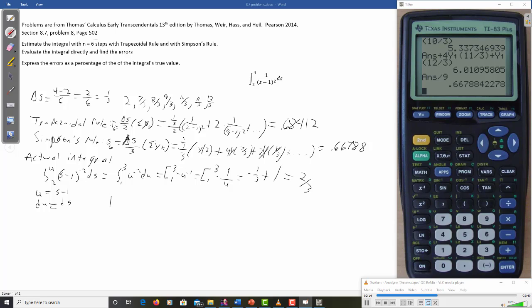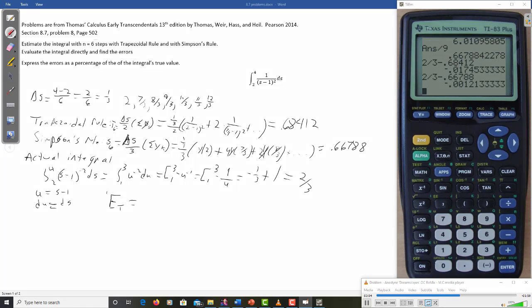Find the errors. So the error in the trapezoidal rule, 2/3 minus 0.68412, and 2/3 minus 0.66788.